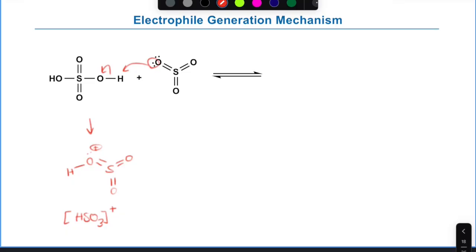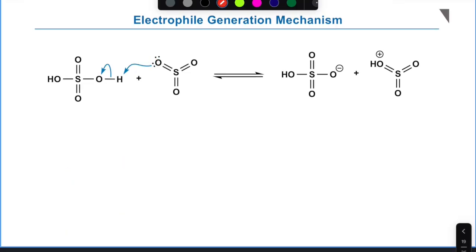And then in the next step, we're going to be using that as an electrophile.